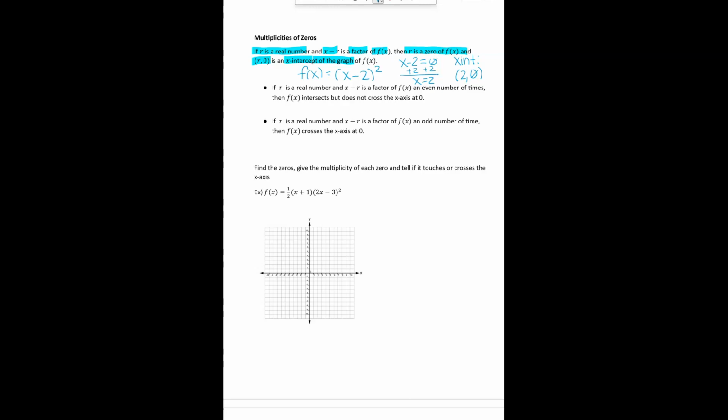Okay, here's the good stuff. This is the multiplicity. So if r is a real number, and x minus r is a factor an even number of times, right, then f of x, your graph, does not intersect the x-axis. So what that means is that it touches or bounces.